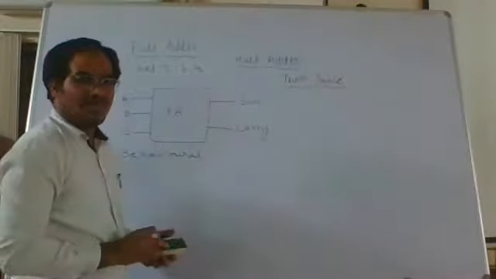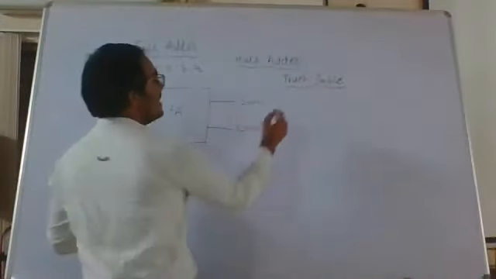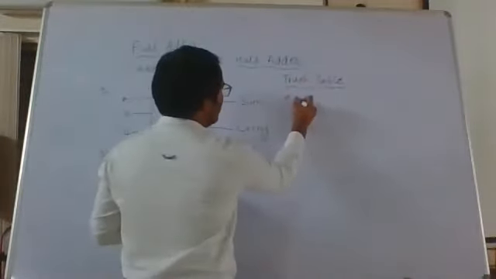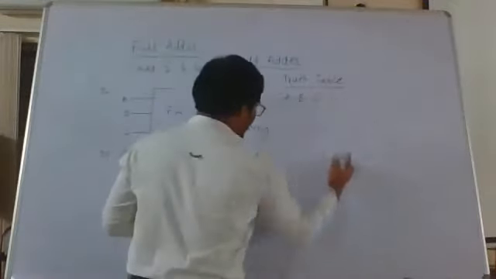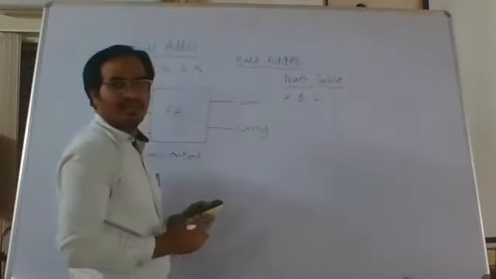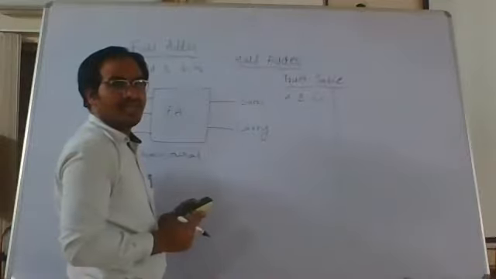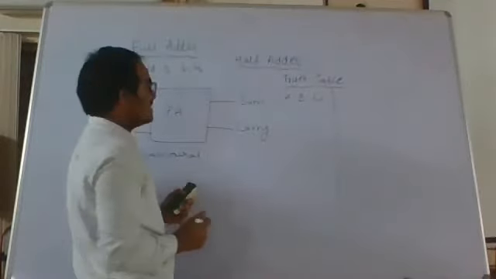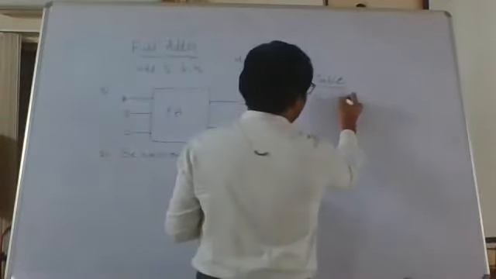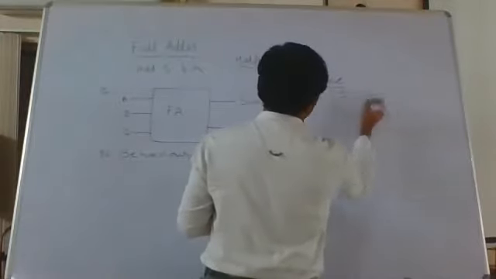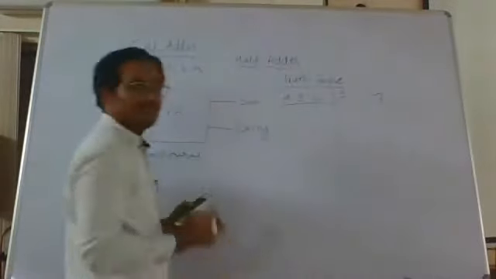So what is a truth table? A truth table is a list of all possible input combinations and their corresponding outputs. We have 3 inputs, A, B and Ci, that is input carry, and 2 outputs, sum and carry output, which I am writing as Cy.